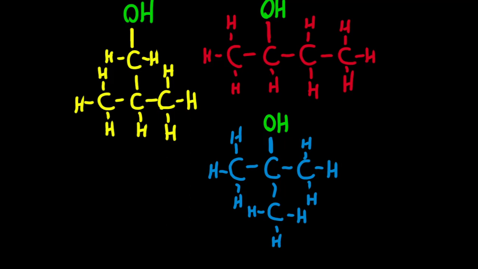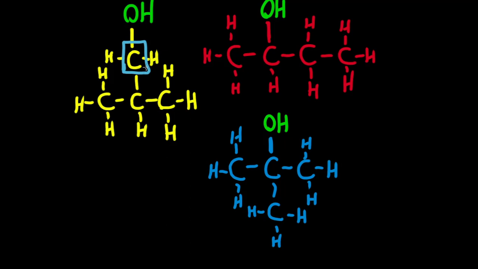And to figure out the name of each isomer, we're going to look at the carbon directly attached to the functional group. These can be rather tricky to name, so I'm going to walk you through how to do it. First things first, we look at the carbon directly attached to the functional group. So I'm going to look at that one for this first example.